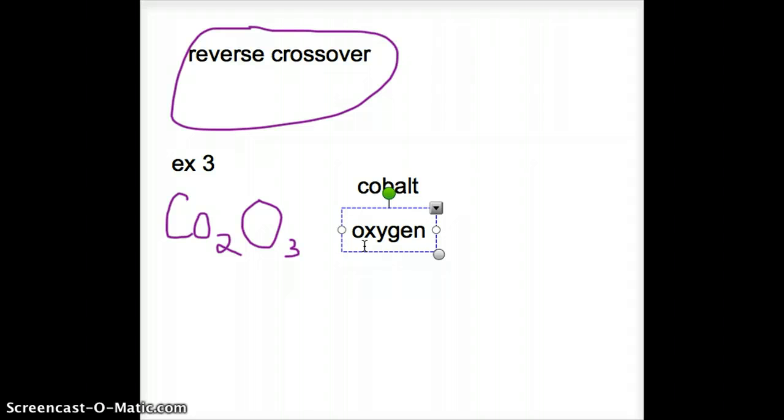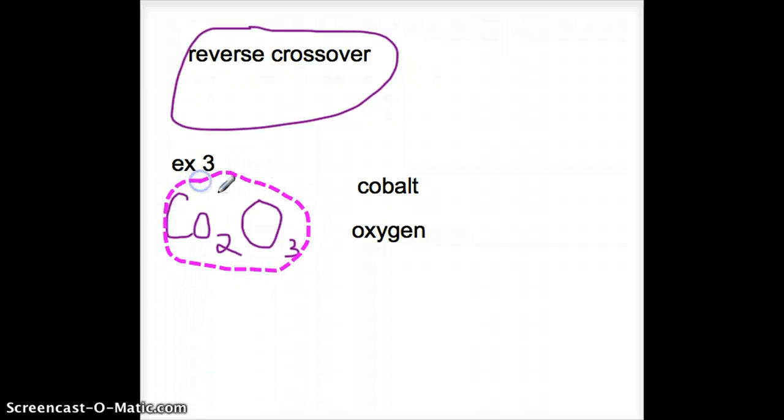However, we still need to find the oxidation number on the cobalt ion to put it in brackets. So now we're going to figure out how to identify the oxidation number of our metal, which is cobalt, and put it in brackets.